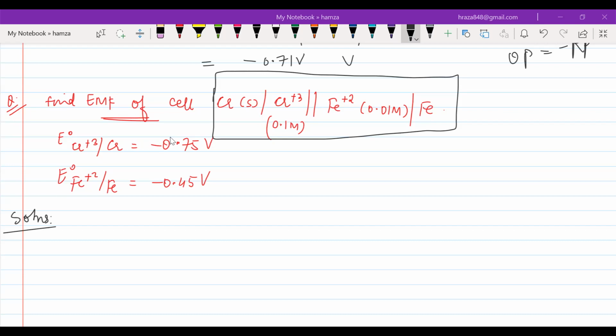Let me know when you are done with the equation or reaction. And if you still have any problem in writing the reaction with the help of representation, please let me know.